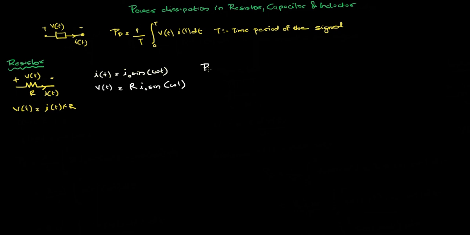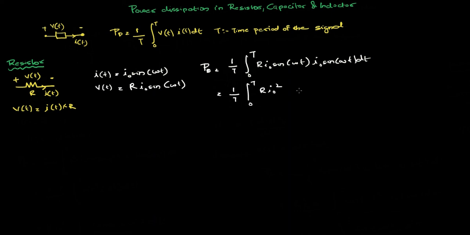The power dissipated equals 1 over T integral 0 to T of the voltage, which is R I0 sine of omega t, into the current I0 sine of omega t dt, which is equal to 1 by T integral from 0 to T R I0 squared sine squared omega t dt.